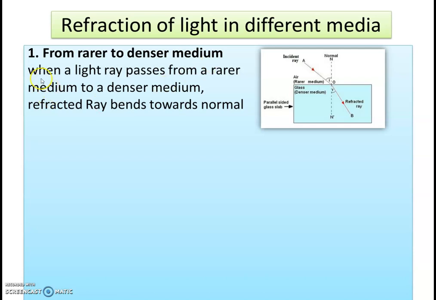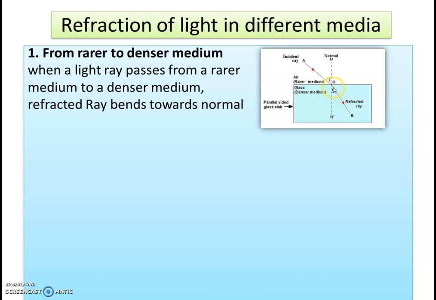So, when a light ray passes from a rarer medium to a denser medium, the refracted ray bends towards the normal. In this figure you will see that when the incident ray is passing from air, which is a rarer medium, to the denser medium, that means the glass slab, there is a change in the direction of propagation, which means there is a refraction of light.